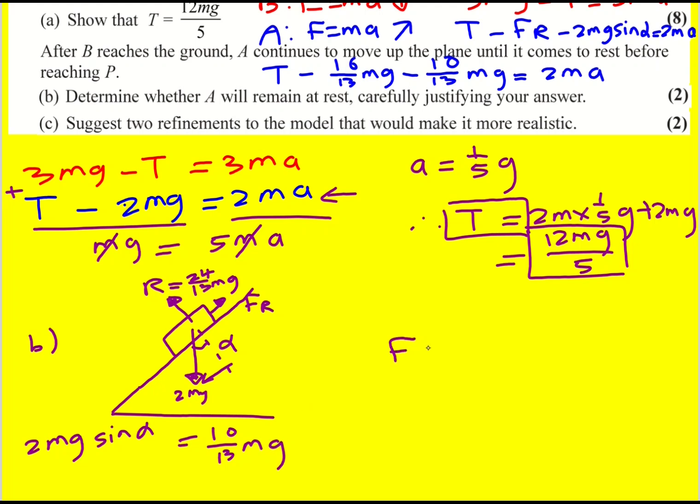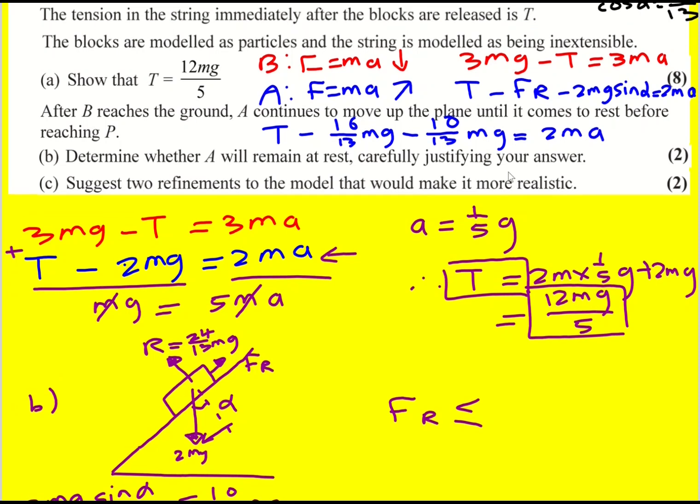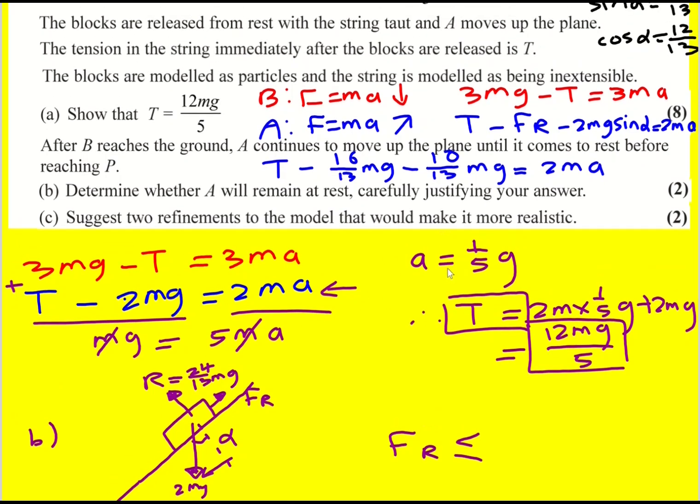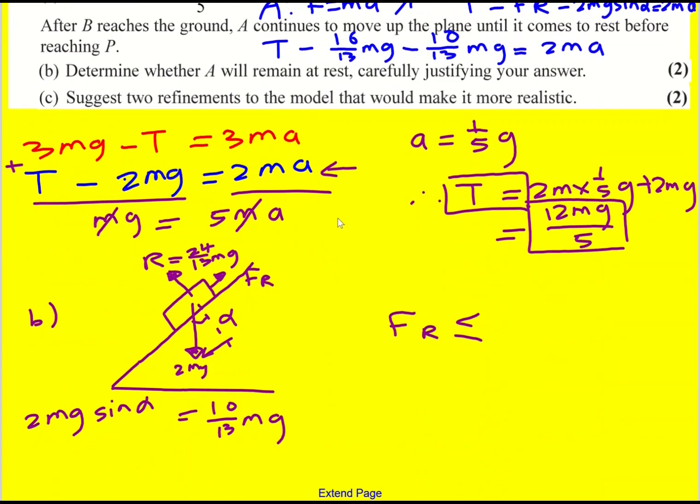And this time, Fr is going to be less than or equal to, because we don't know if it's in limiting equilibrium, it's not moving, but it's going to be less than or equal to the value that I found before, which was 16 mg over 13. So the point is that there's a component of the weight trying to make it go down the slope, but it's 10 over 13 mg, and there's a frictional force opposing it, and the maximum frictional force is greater than the component of the weight.